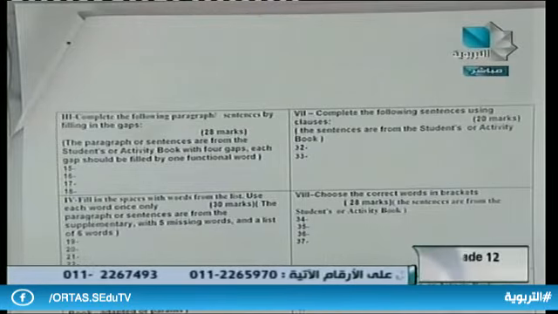What do we mean by functional word? The student may use a preposition, an adjective, an article, or one of the conjunctions, like for example but, or relative pronouns. So we have many functional words.